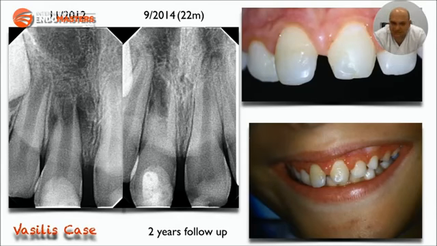I'm not suggesting that this tooth will stay there for Vasilis for his whole life. However, my objective here is first to retain this tooth until little Vasilis becomes a grown-up and can predictably place an implant over there if needed.